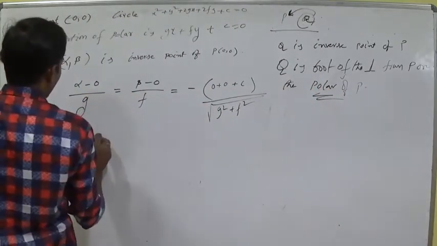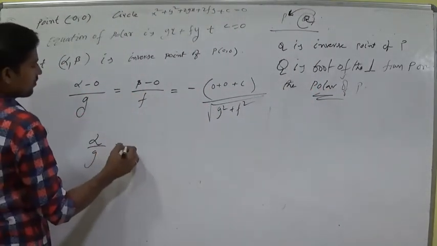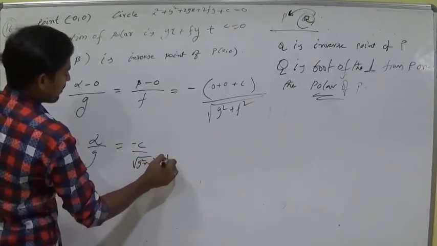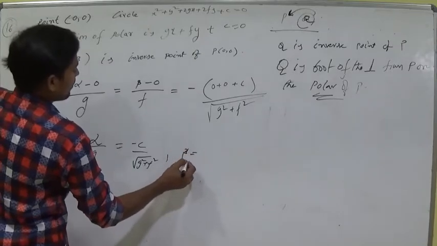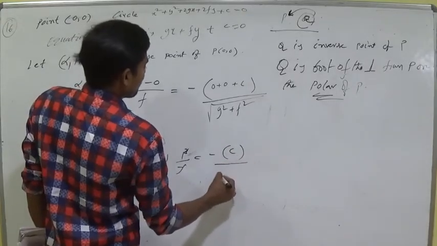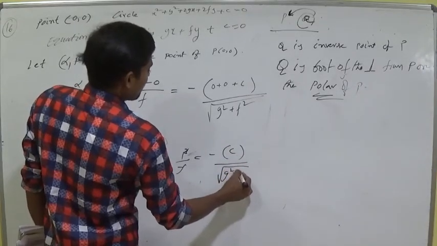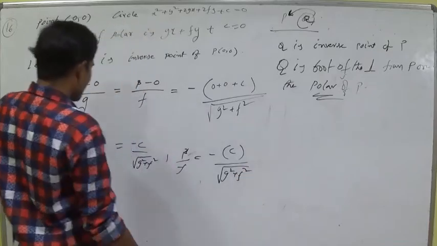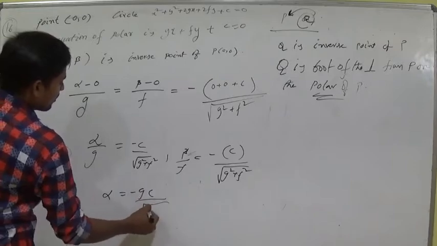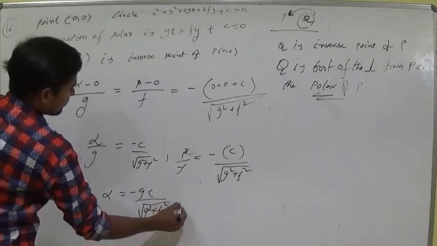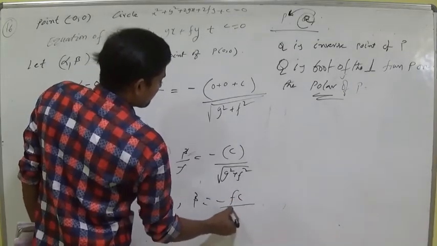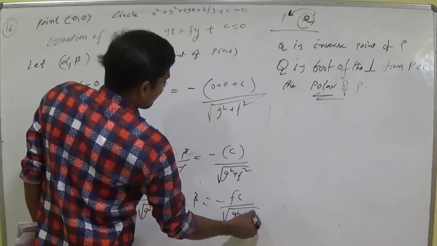So alpha by g equal to minus c by square root of g square plus f square, beta by f equal to minus c by square root of g square plus f square. So alpha equal to minus gc by square root of g square plus f square, beta is equal to minus fc by square root of g square plus f square.